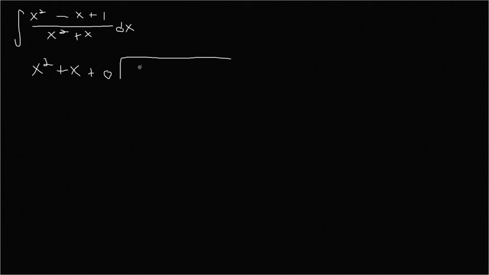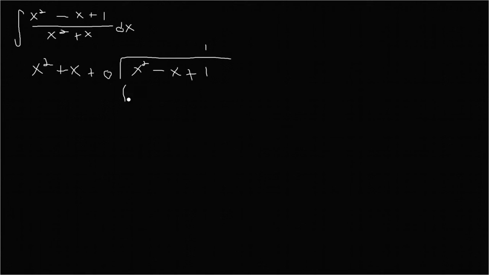So we're going to now have x squared minus x plus 1. We're going to see what times x squared will give us x squared, which is just 1. So we get to save some steps over here, which is pretty cool.